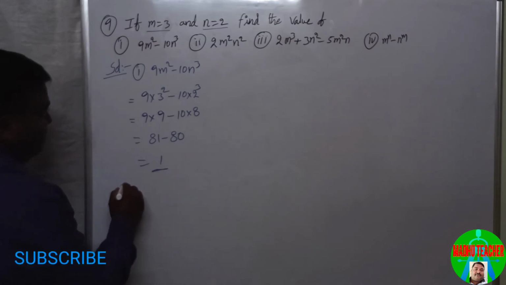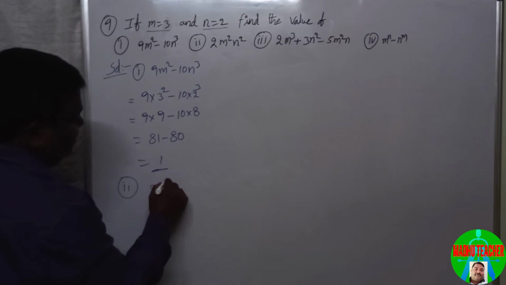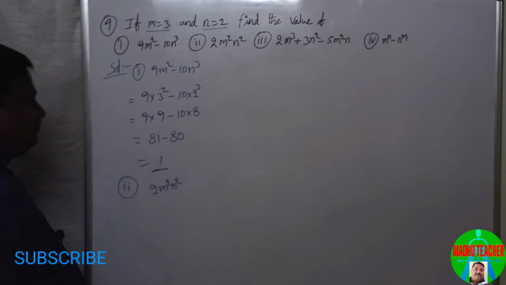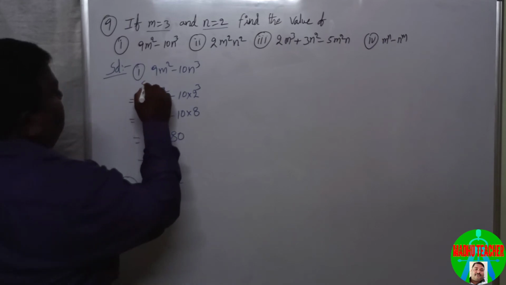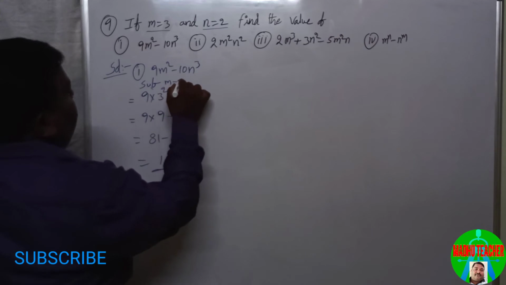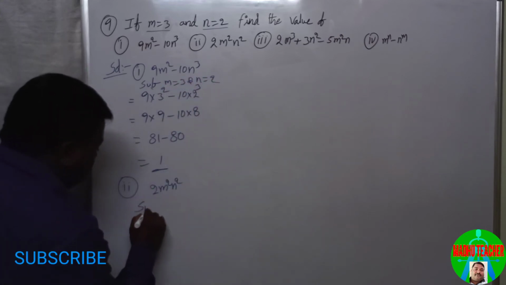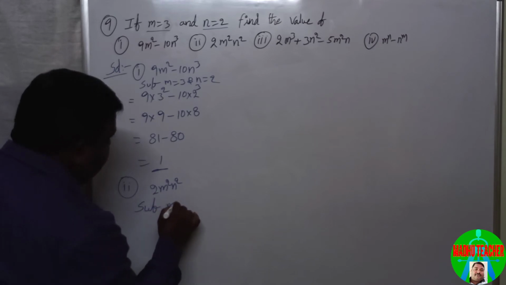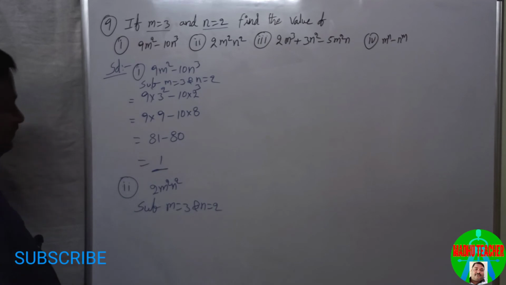Next, second one is 2m square n square. Here, what are we substituting? Substitute m equal to 3 and n equal to 2.